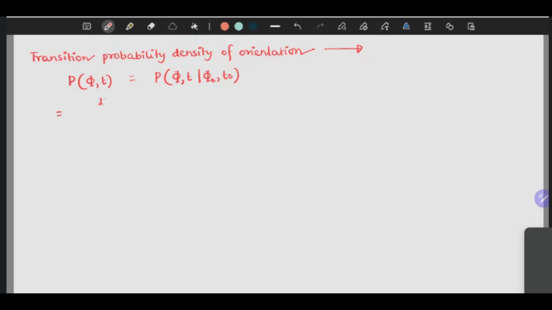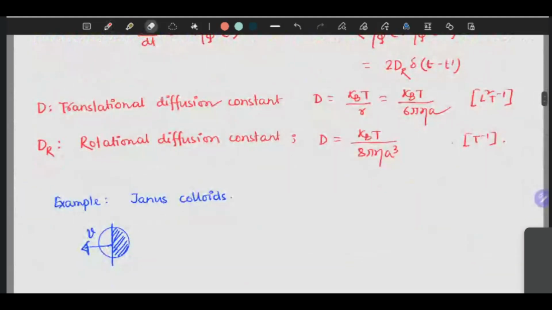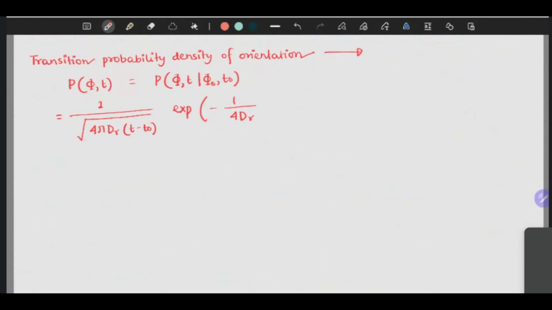we have calculated this. This will be of the form 1 over the square root of 4 pi Dr (t minus t naught) times the exponential of minus 1 by 4 Dr, phi minus phi naught whole squared divided by t minus t naught.